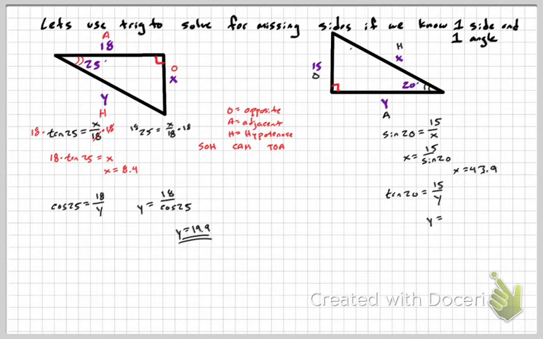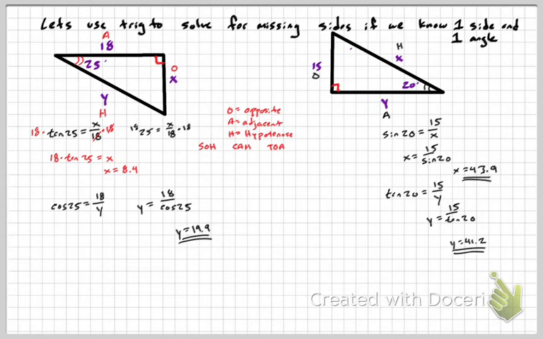So y equals 15 divided by the tangent of 20. Now I can use my calculator. 15 divided by tan button 20, that gets me 41.2. So y equals 41.2.